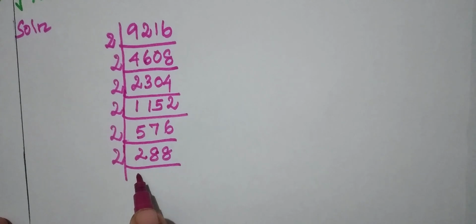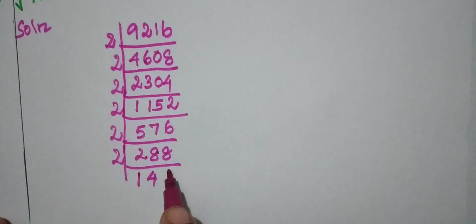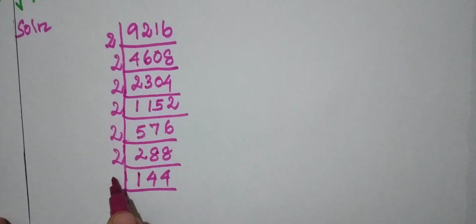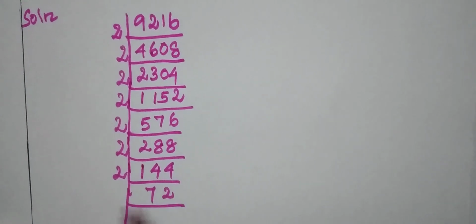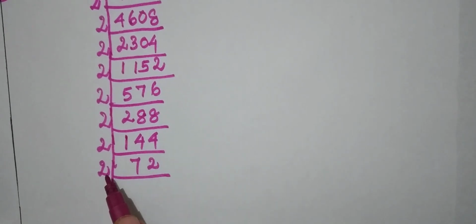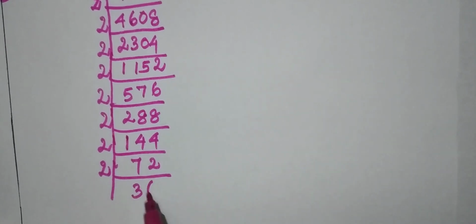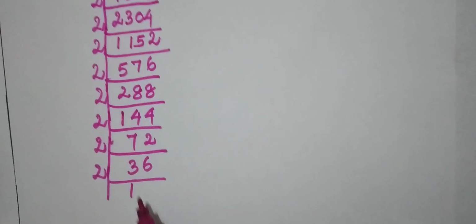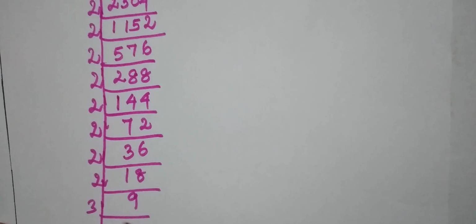So this is 1 2 is 2, 4 2s are 8 and 4 2s are 8. 7 2s are 14, 2 2s are 4. So these are all even numbers, so we are doing with 2 tables. 3 2s are 6, remaining 1, 6 2s are 12. 1 2 is 2, remaining 1, 8 2s are 16. 2, 9 2s are 18. 3 3s are 9.